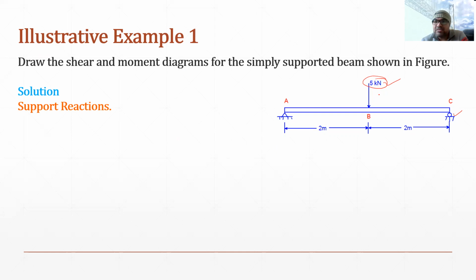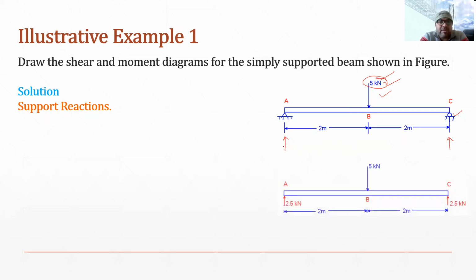This is a very simple example, and it is symmetrically loaded. So the vertical reactions at points A and C will be equal. The total load divided by 2 will be the magnitude of these two reactions, which is 2.5 kilonewton.